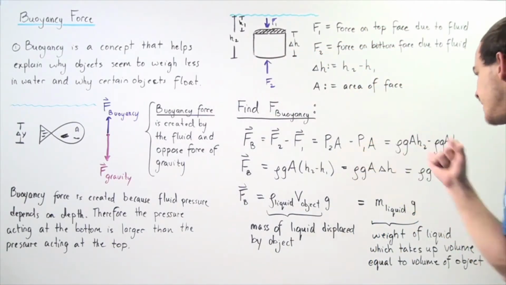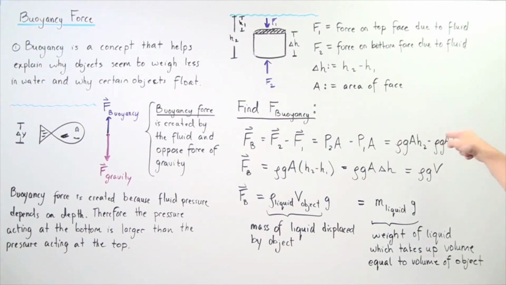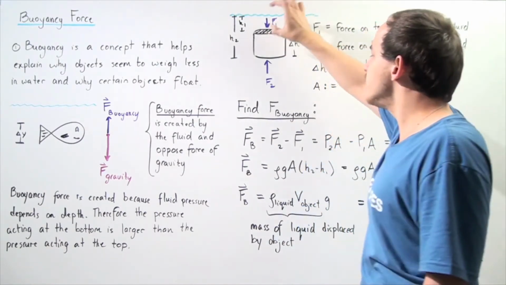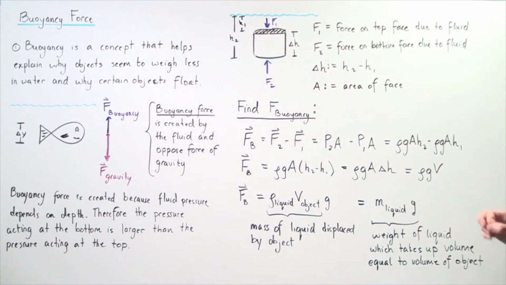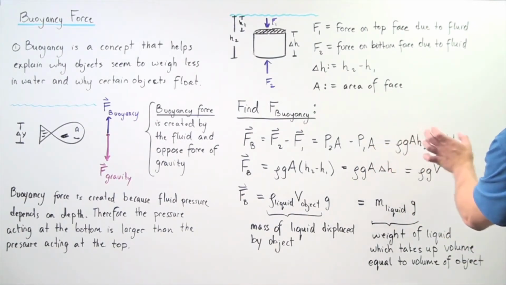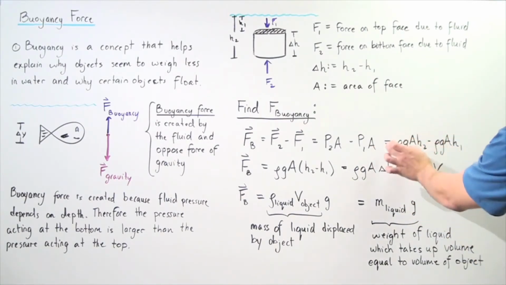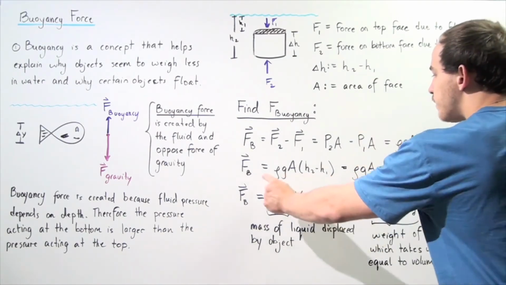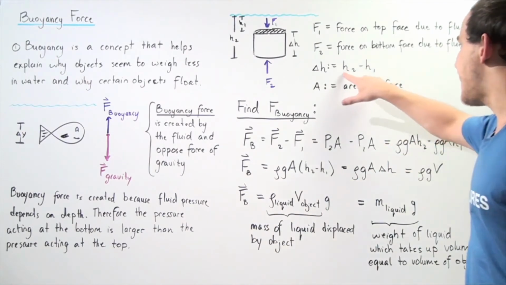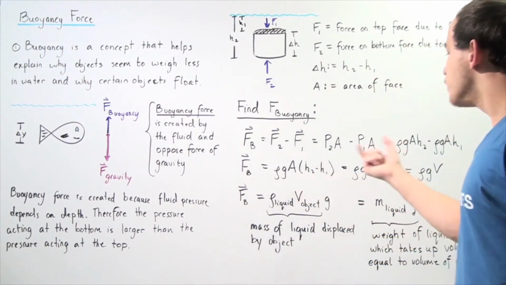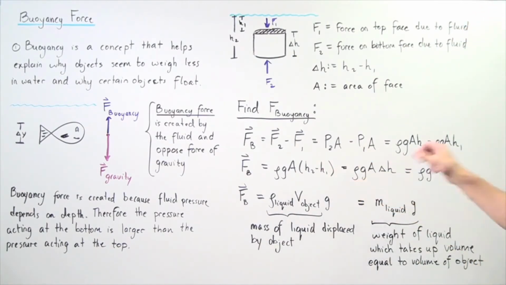And we replace P1 times A with the density times g times A times h1, where h1 is the distance from the surface to the top of our cylinder. Notice the density, g, and A are all the same quantities and they appear on both terms, so we can factor that quantity out and we get the following result. And since h2 minus h1 is simply the change in h, we can replace that to get the following result.